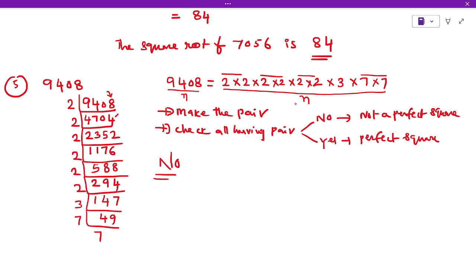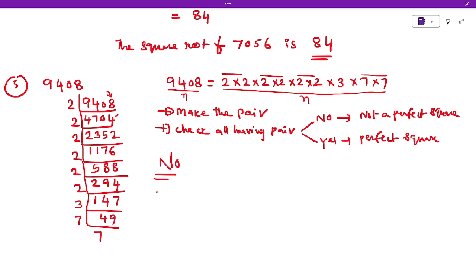Obviously we divide by the number which does not have a pair. If I divide by 3, then the 2s have pairs, the 7s have a pair, and the only number without a pair is 3. If I remove this, then definitely it is a perfect square. So you should divide by 3.